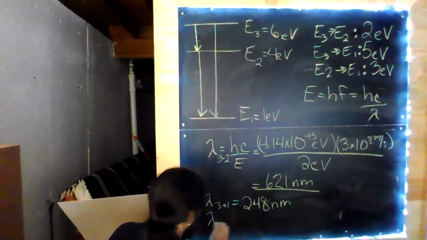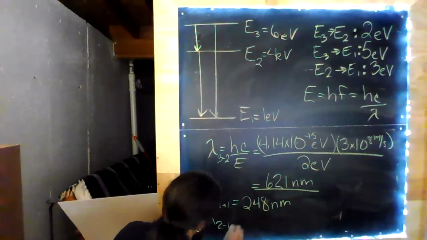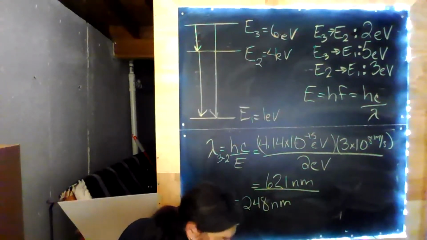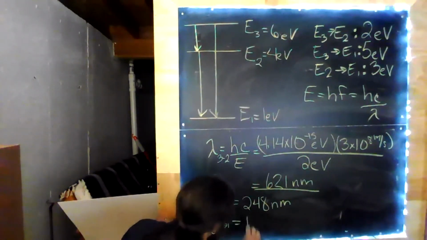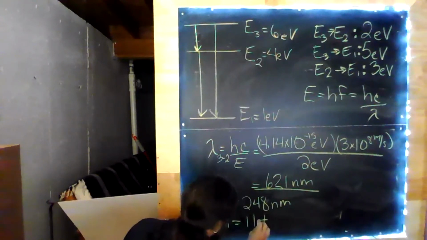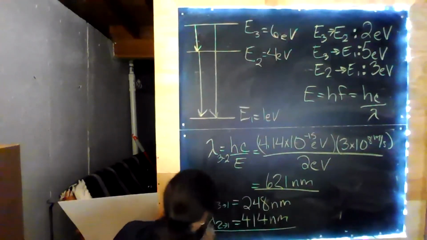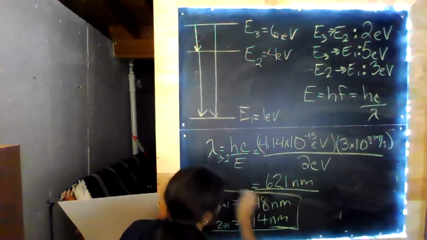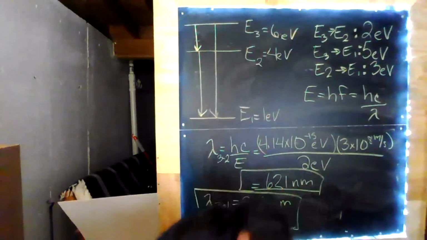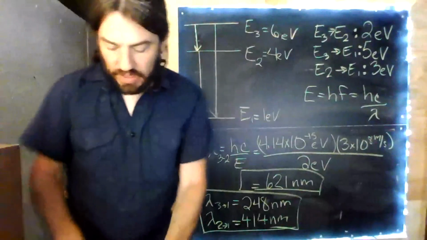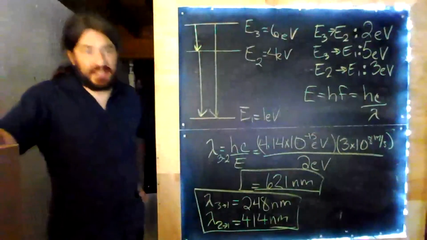And for lambda 2,1, we get 414 nanometers. So that is our emission spectrum from this system.